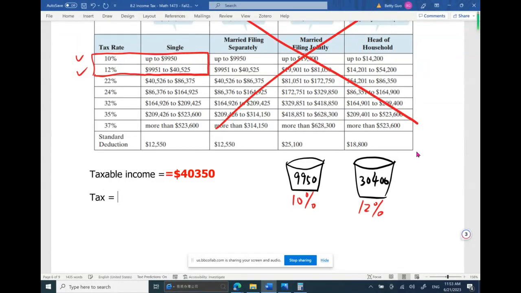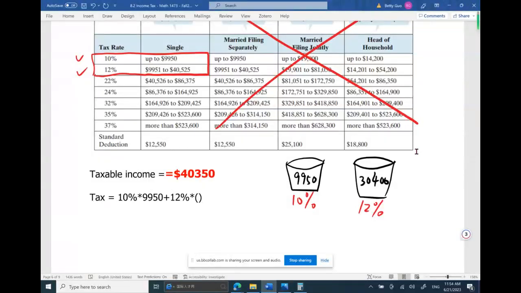would be equal to 10% multiplied by $9,950 plus 12% multiplied by the rest of your money.